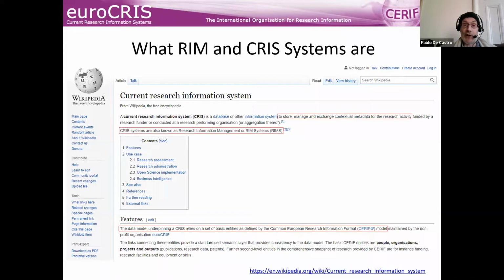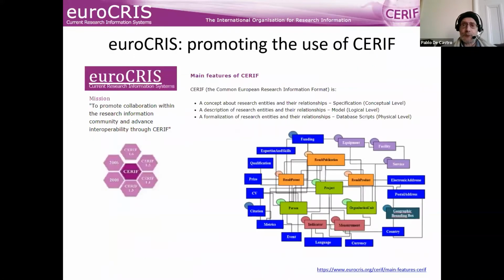This is a very important data model because, as we will see in a minute, it allows the information to be exchanged across systems, meaning system interoperability. This is the CERIF model in a snapshot. You can see on the figure the different entities, as they're called, that make up the CERIF data model.